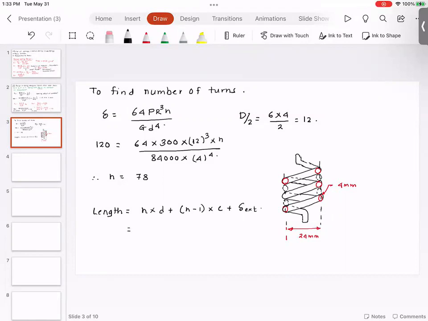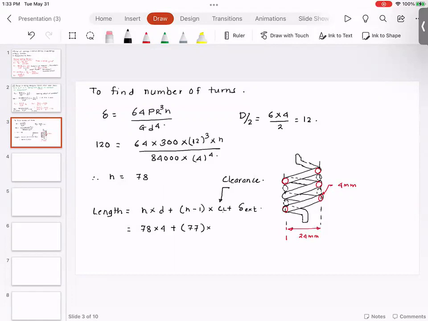So 78 times 4 plus, this is clearance, by the way, C, I should write that down, CL. N minus 1 is 77 multiplied by some clearance.